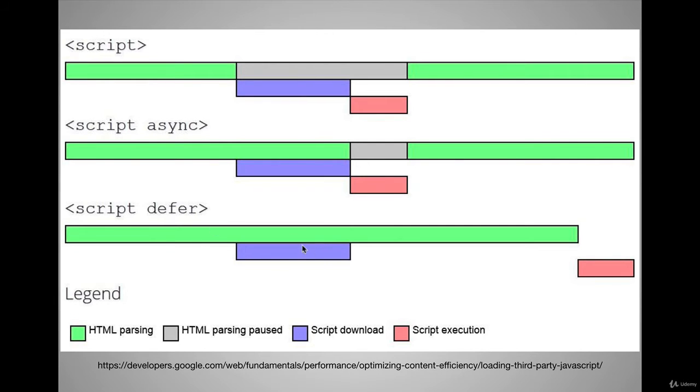As you can see here, it's going to wait until HTML is completely parsed and then start executing. Now, this is a really good option for scripts that will act on the render tree or the DOM. But they're also not important to loading maybe the above the fold content.